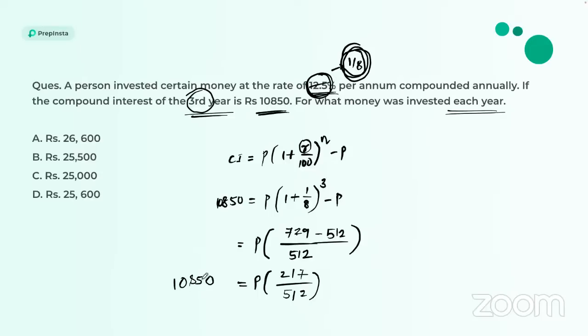If you observe, this number must divide this number. Why? Because all the options are given in terms of integers. So obviously, if you divide by 217, this number needs to be cancelled. Then calculate how many times it gets cancelled and just multiply with 512, you will come up with 25600 as the answer.